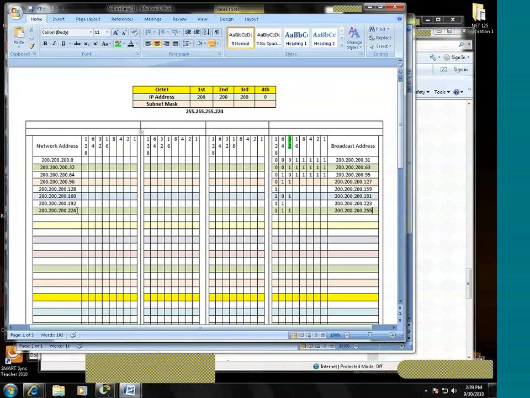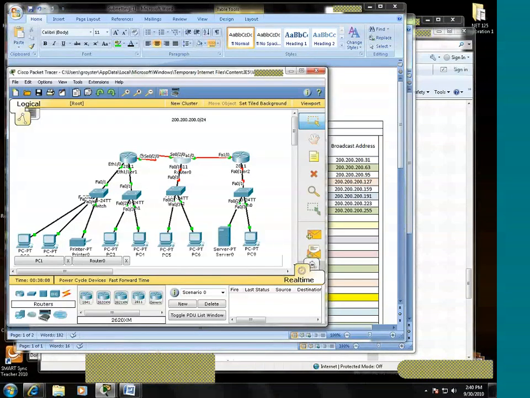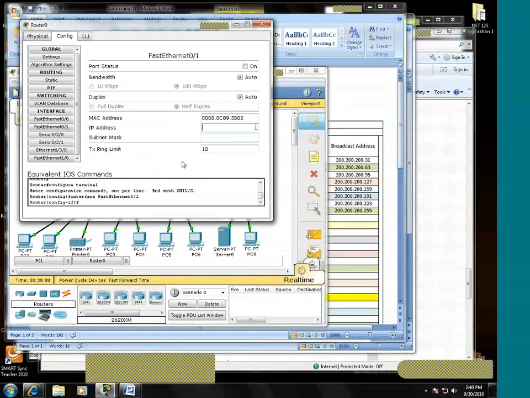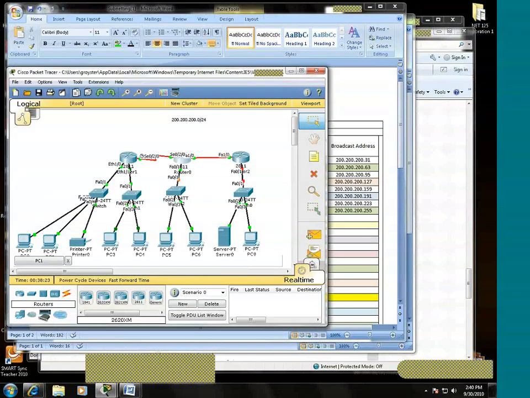We've used the 224, the 192, and the 160 network, so we'll move to the 128 network, and that will be 129. Subnet mask is good. Okay. All right, we have green light.